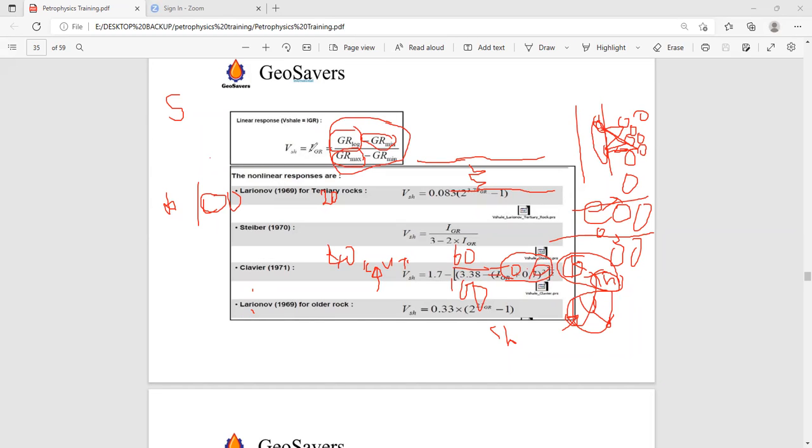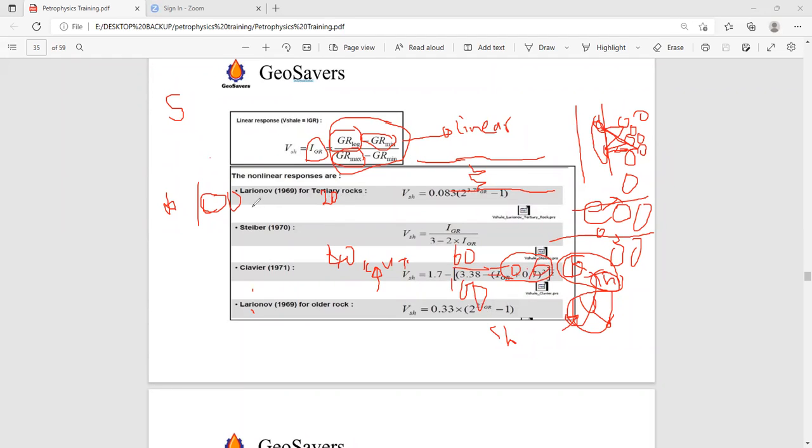But in this case, I'll just call it the gamma ray index, because it is not the real measurement of the volume of shale. This measurement is always linear for an ideal situation, and we know that rocks in the earth do not obey the ideal law. So you have to use this gamma ray index to calculate the actual value of the volume of shale in that particular well.